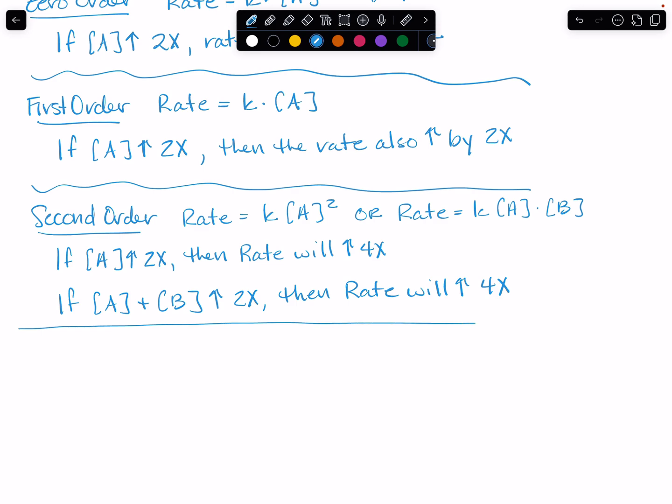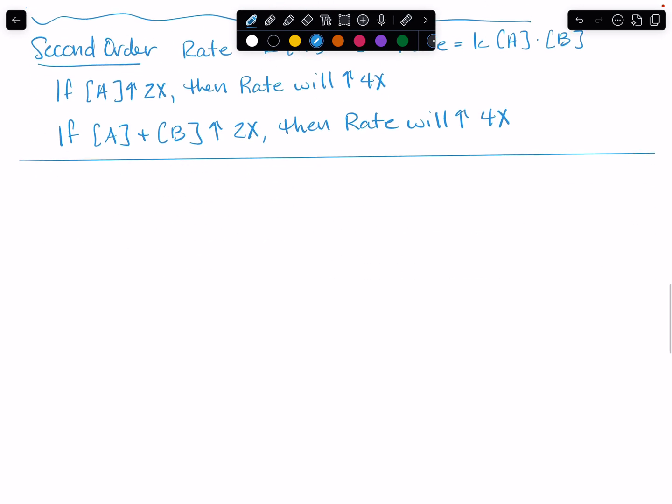Now, the other piece that's really handy is the units for K. If you're given a rate law constant with its units, you can use those units to determine what the overall reaction order is for that particular reaction, even if you do not have any initial rate data. So again, let's start with zero order.